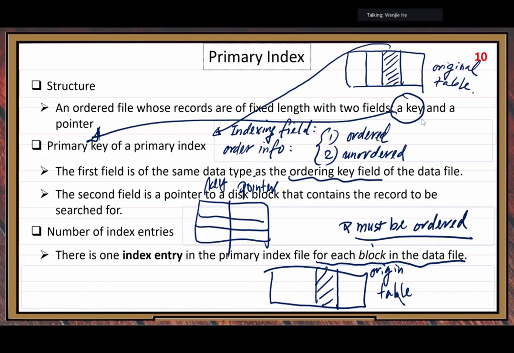For the first case, the indexing field is ordered. That means it is ordered in the original table. That could happen. In case it happens, we can take advantage of this ordered property, since the data is already ordered based on this field.